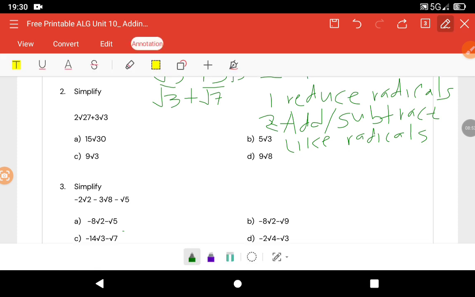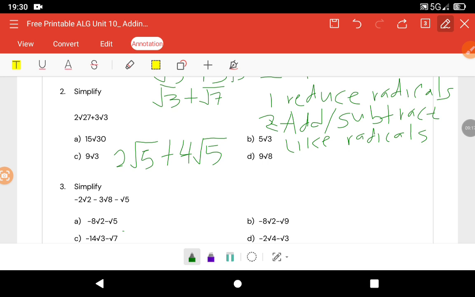2 root 5 plus 4 root 5. Now the first step is we need to check, are these radicals in their lowest form?